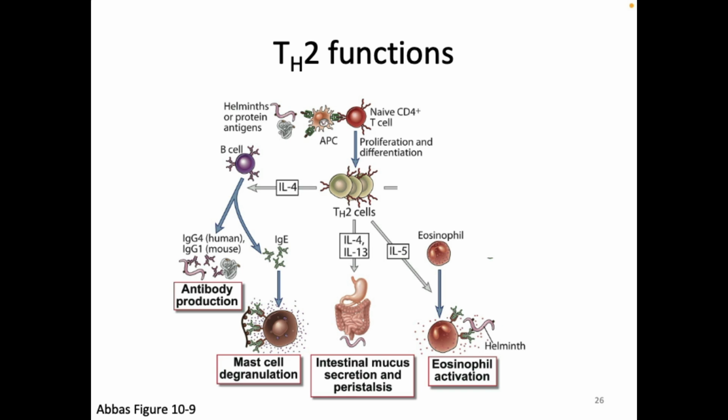It would be trying to make things go out, trying to throw things out. And we also see eosinophil activation. So usually when we think about the Th2 cytokines, we're thinking a lot about mast cell activation, and I often think about trying to expel stuff.